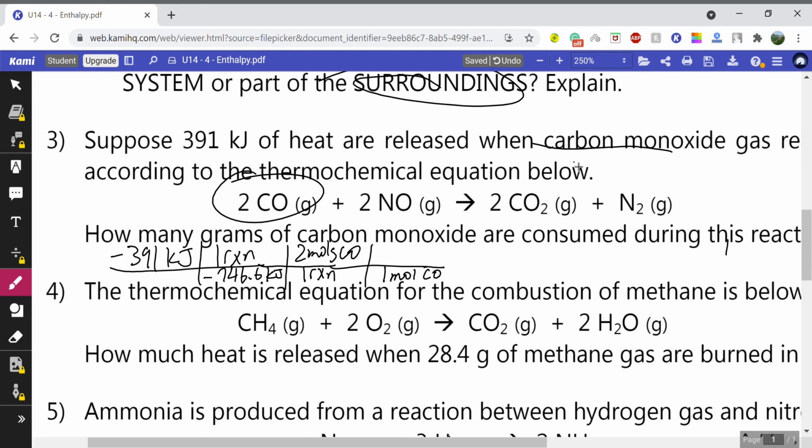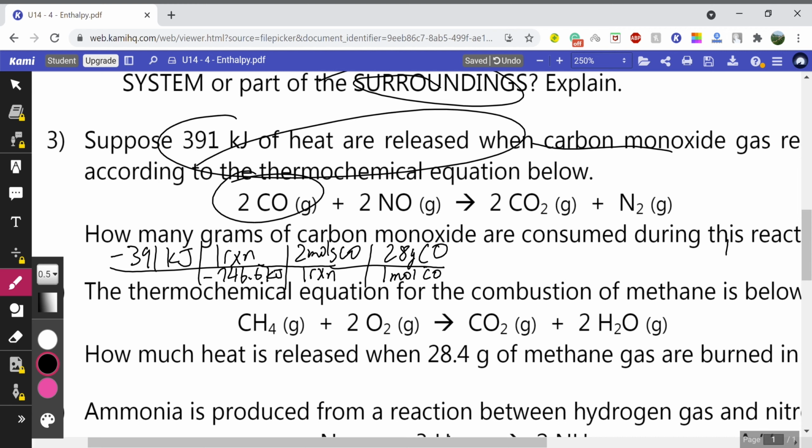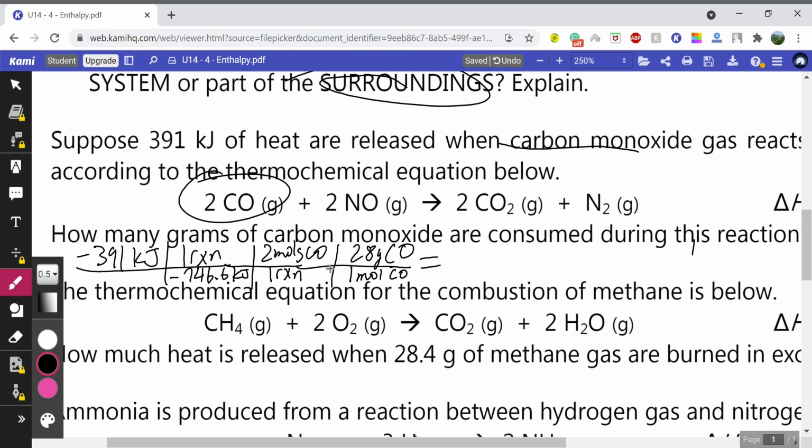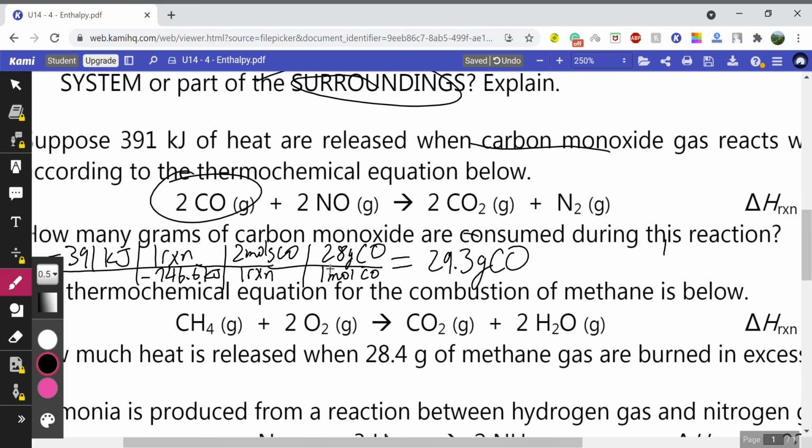It is 28 grams of CO. So first, we use what we're given, convert it into one reaction, and then for every one reaction, there are 2 moles, and then convert from moles to grams to get our final grams after it releases negative 391 kJ of heat. So negative 391 times 2 times 28 divided by negative 746.6 divided by 1 is equal to 29.3 grams of CO.